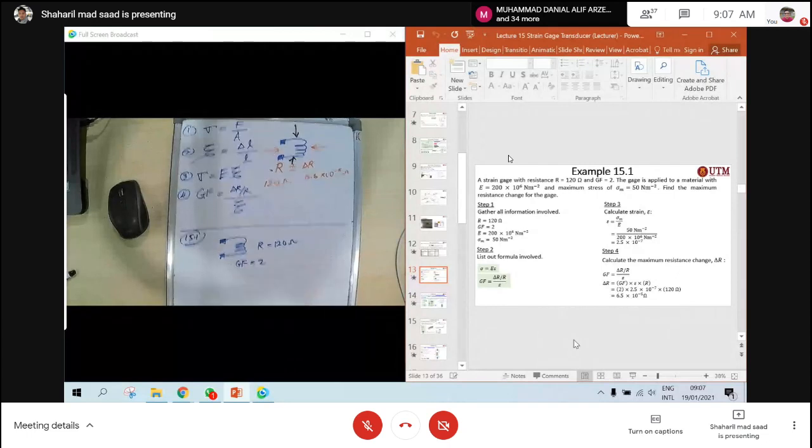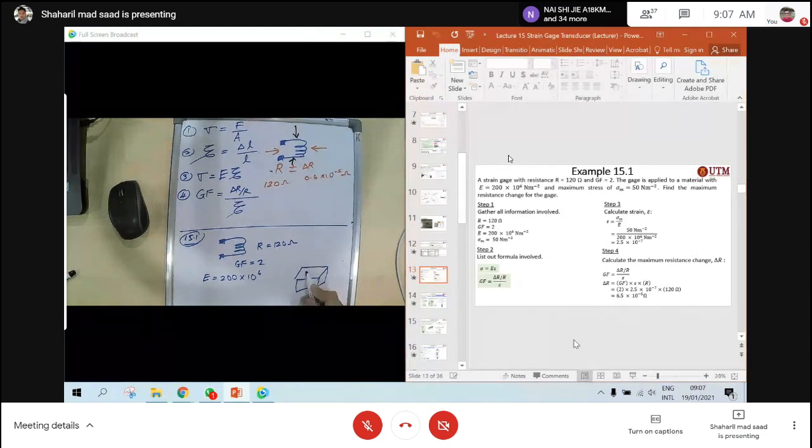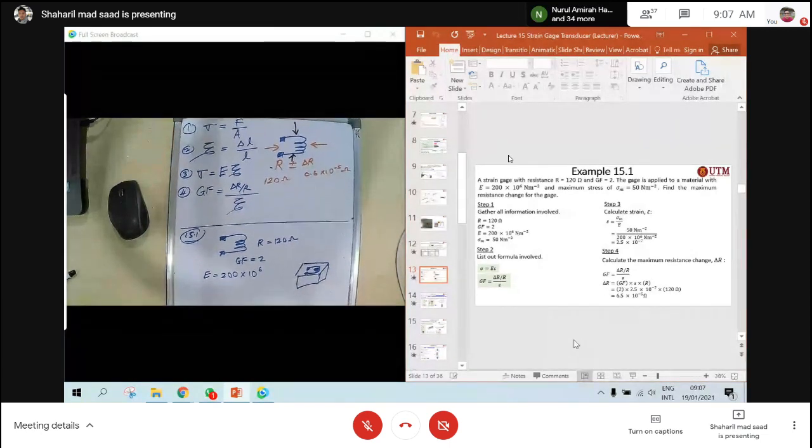The gauge is applied to a material with Young's modulus E equal to 200 times 10 power of 6. So this is your material, for example, and you apply your strain gauge here.